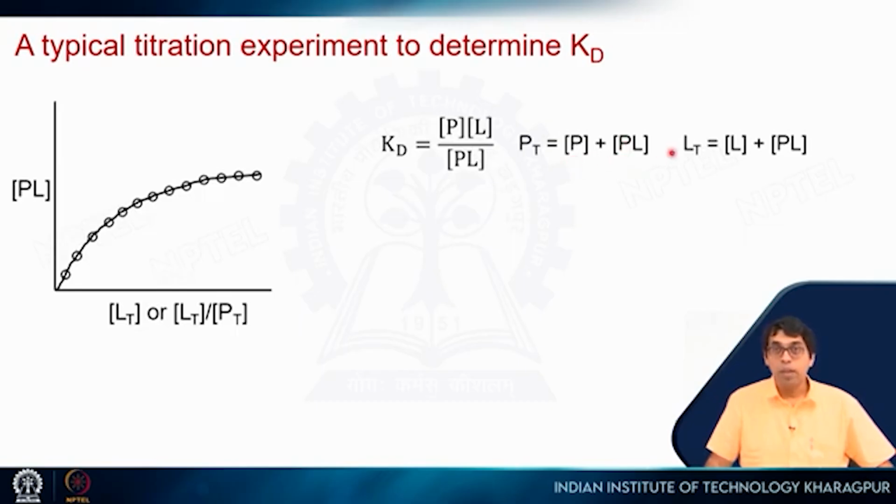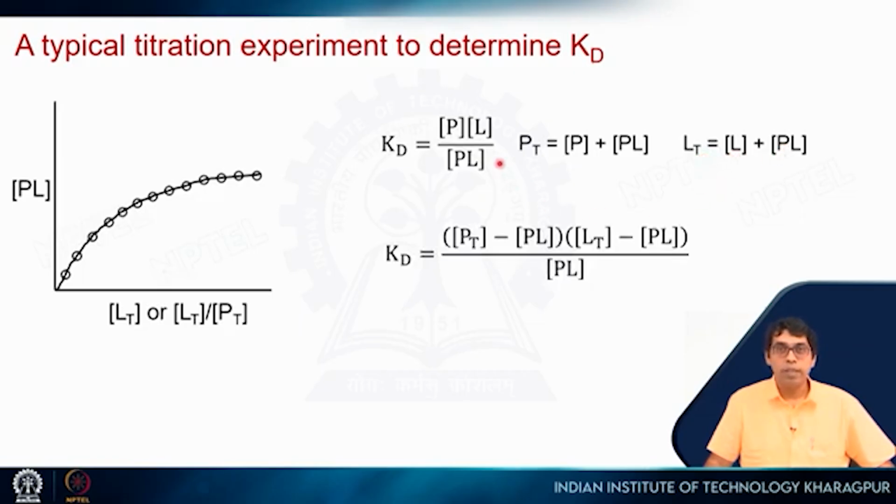I know the total ligand, which is the summation of the free ligand and the protein ligand complex. So, I can replace the free protein: free protein will be total protein minus protein ligand complex. Similarly, free ligand will be total ligand minus protein ligand complex, and you can see an equation like this.